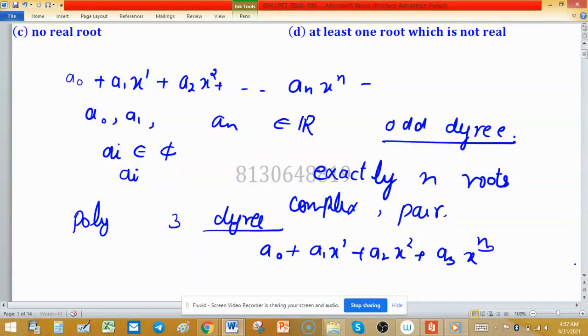This is the polynomial of 3 degree, and you can consider any odd degree polynomial. So this is a polynomial of 3 degree. So if there will be 3 roots, all are real. The possibility is all are real.